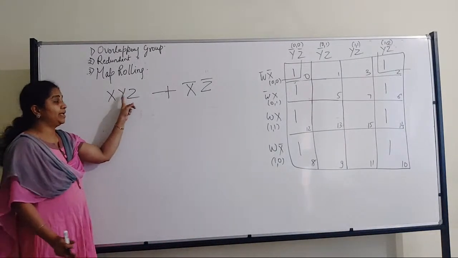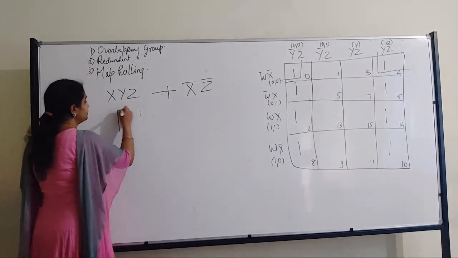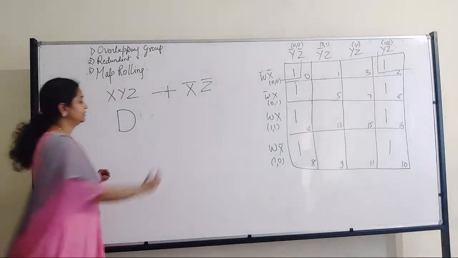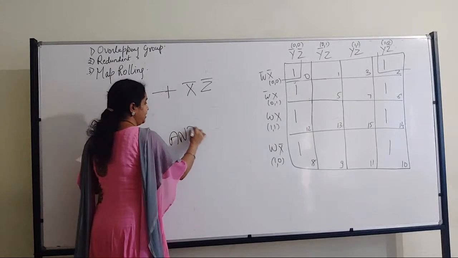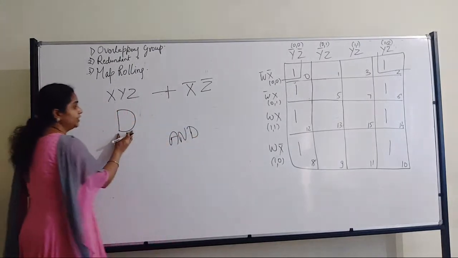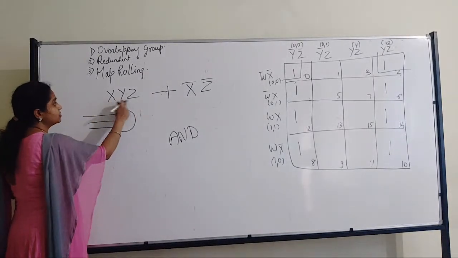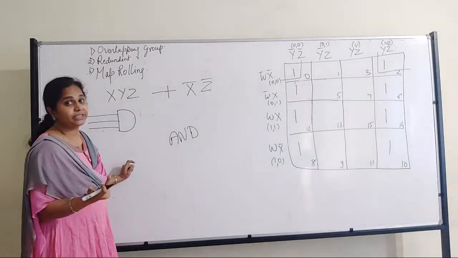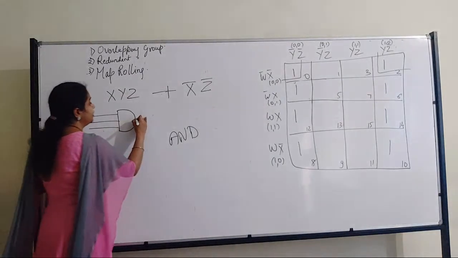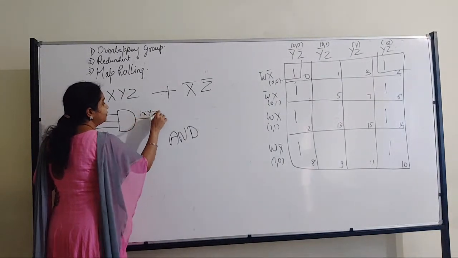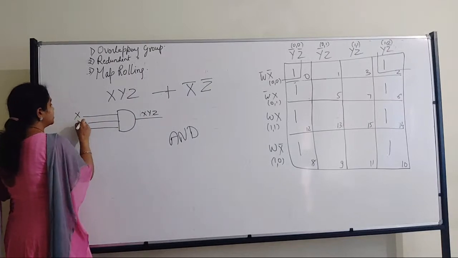What is the operator here? AND. You remember AND? That's what I showed you. So X, Y, Z. There is no change in the sign. So we'll write X, Y, Z. And you also have to write the intermediate results also.